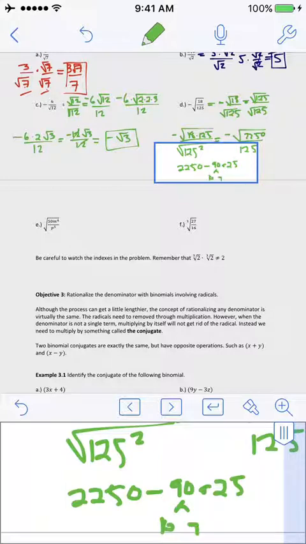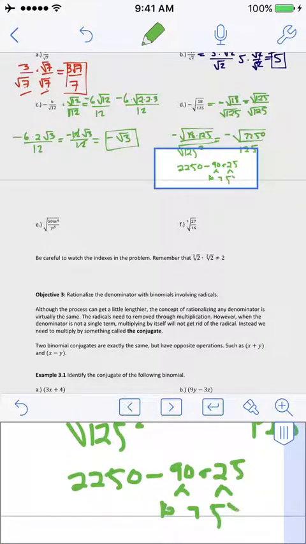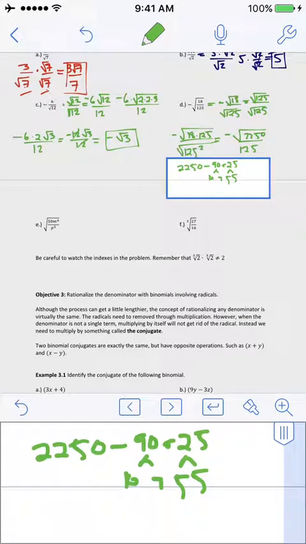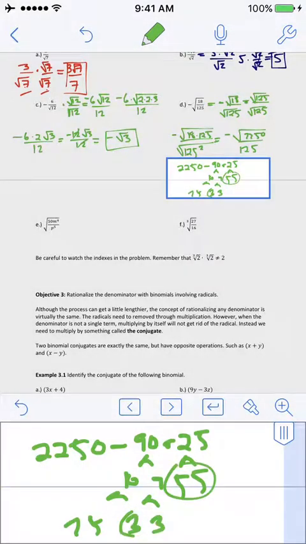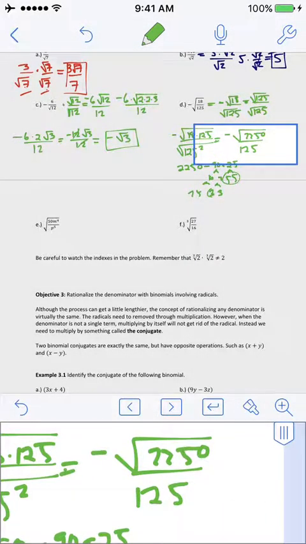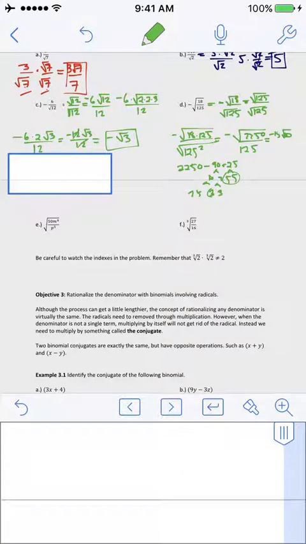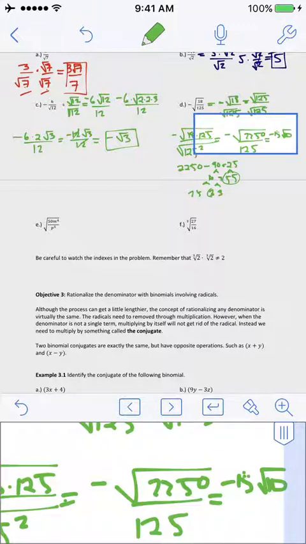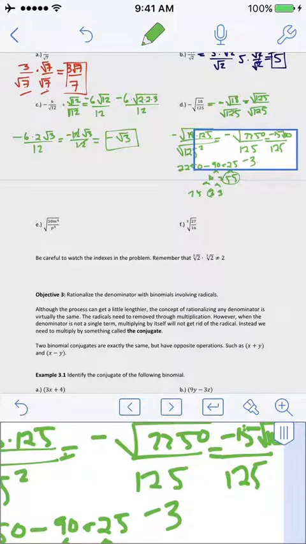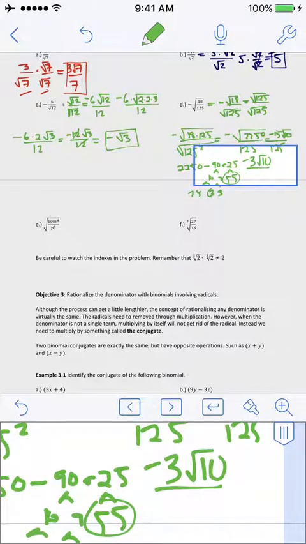That breaks into 10 and 9. Breaks into 5 and 5. That's going to be 3 and 3. And that's going to be 2 and 5. So it looks like negative 15 root 10 over 125. And if I divide those both by 5, I get negative 3 root 10 over 25 as my final answer.